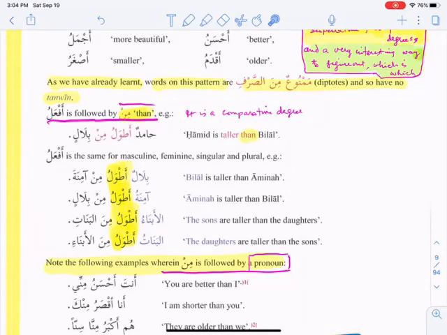Minhu, minhuma, minhum, minha, minhuma, minhunna. Remember? Minka, minkuma, minkum, minki, minkuma, minkunna, minni, minna. All these things should help you now, my brothers and sisters.